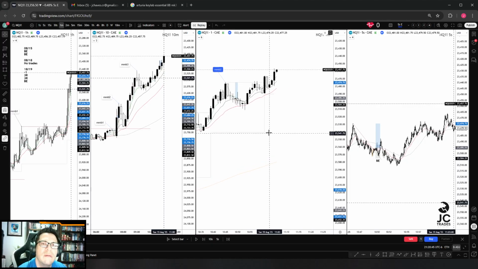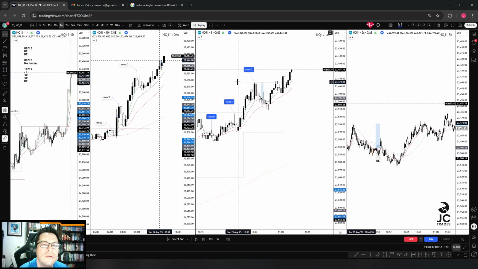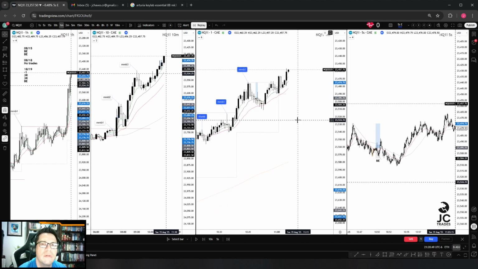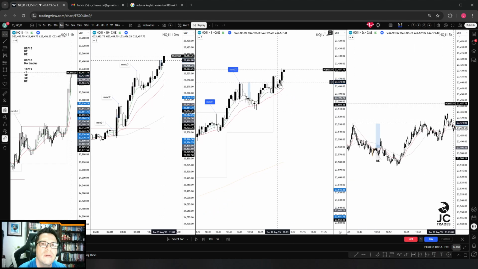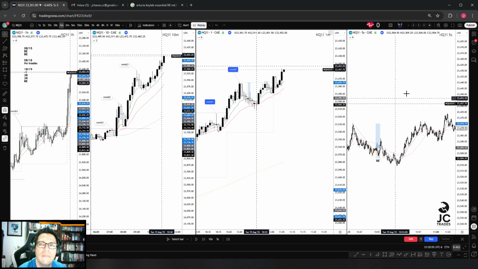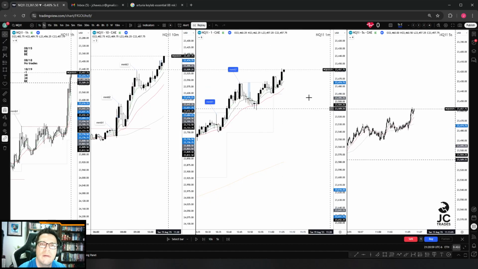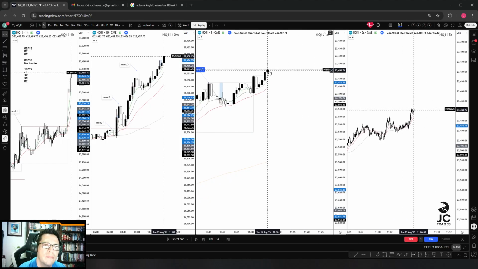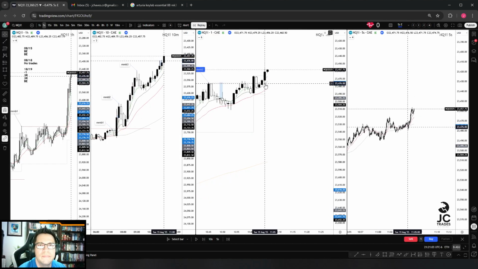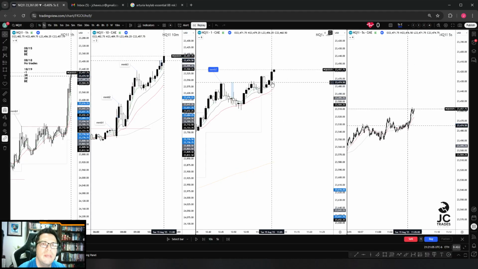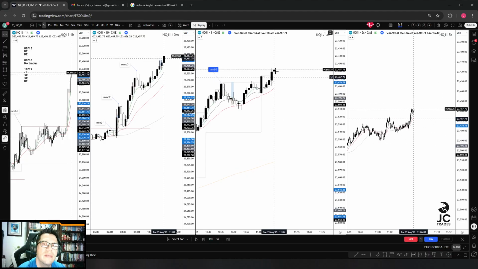This one validated MMB2, so MB2 on this cycle was validated, and now we are kind of building or going into the momentum MB, in this case above MMB2.